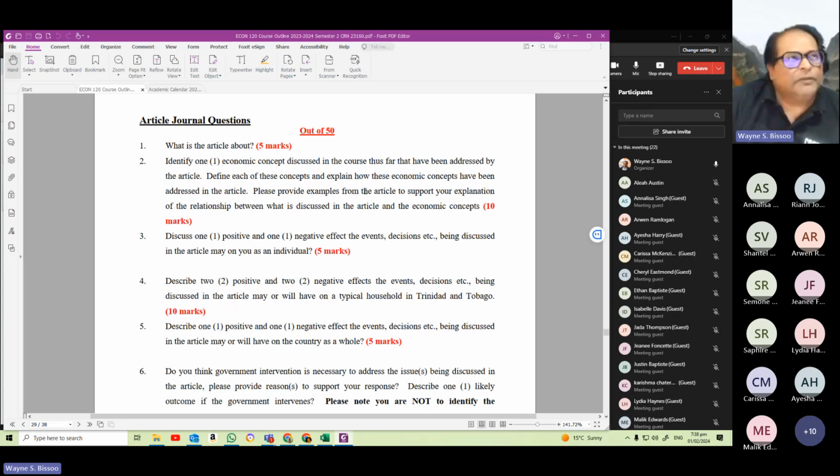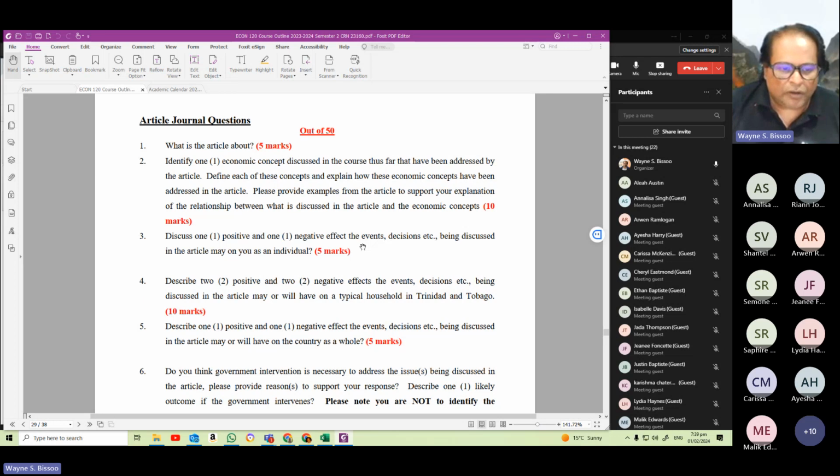So the easiest things for you to connect would be things like prices, demand, supply, elasticity. Those are easy ones. You could even come across scarcity issues. Those are very broad concepts, and hopefully you should be able to find articles that will make that kind of linkage.